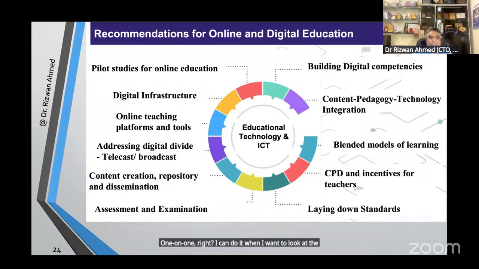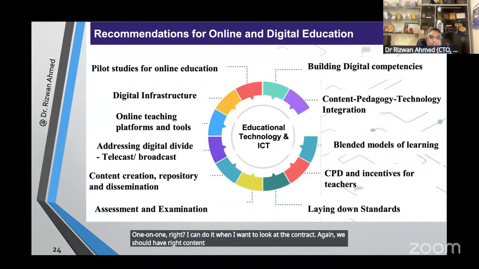Again, we should have the right content creation and strategy. The repositories should be maintained properly, and dissemination should happen in a proper way. And the most important part of this teaching learning process, as we all know as instructors, teachers and professors, is assessments and examinations.